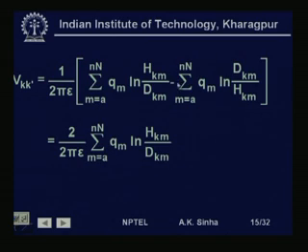So, because the image conductor carries a negative charge to that of the overhead conductor above, so this negative sign is coming here. So, if we add this, we will get this as equal to 2 by 2 pi epsilon summation m is equal to a to nn qm ln hkm by dkm.